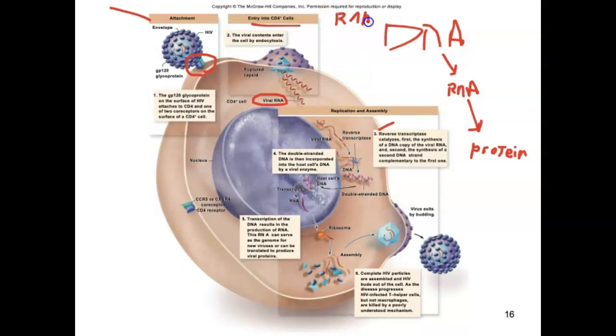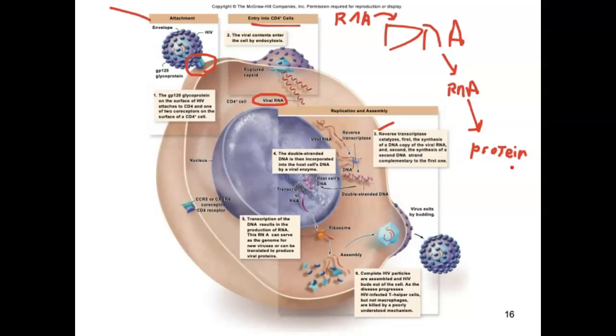So then that RNA gets transcribed into DNA, then the DNA to RNA, and then to the protein. So it has this extra step in there, which creates problems when we're trying to block it, when we're trying to understand it. It also increases the potential for mutations because now you've got an extra step, an extra possible location for mistakes and errors and things like that.